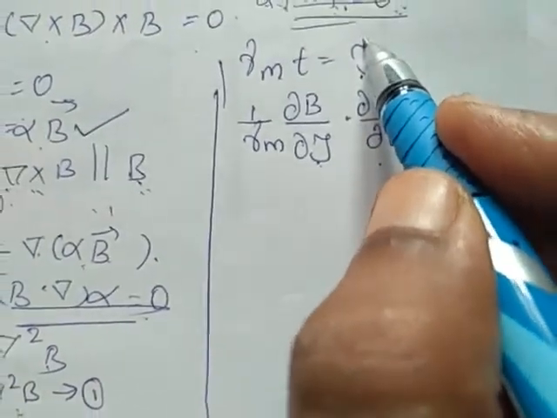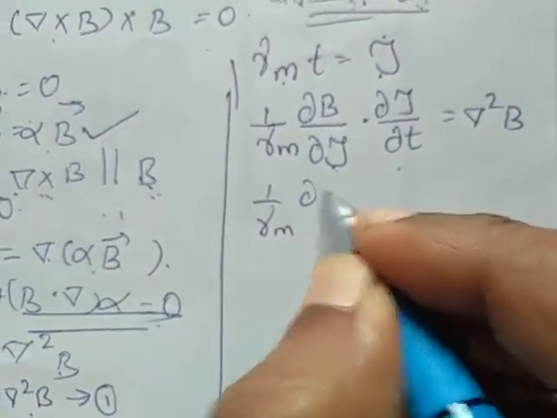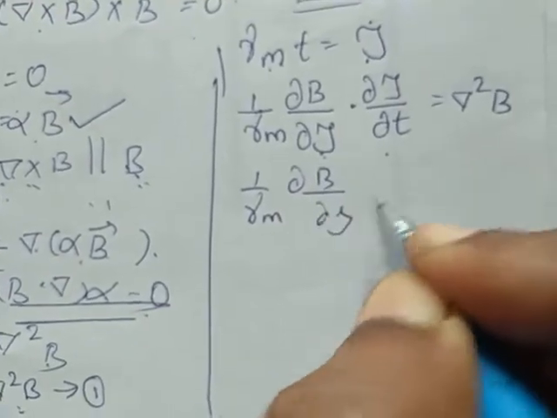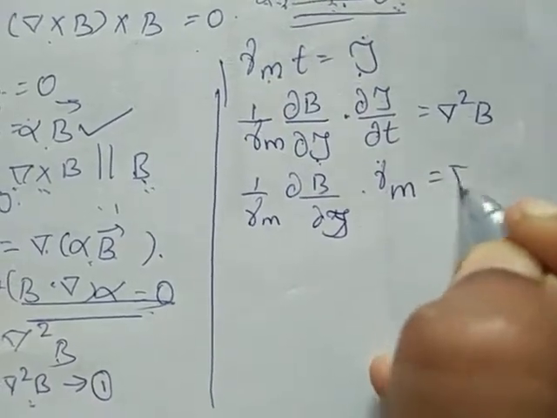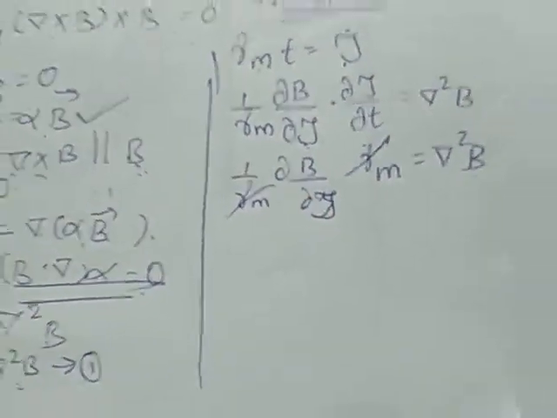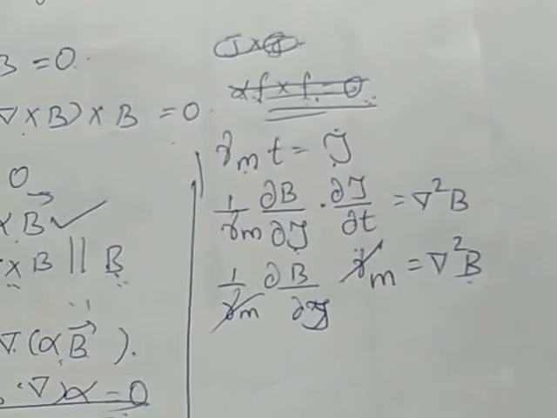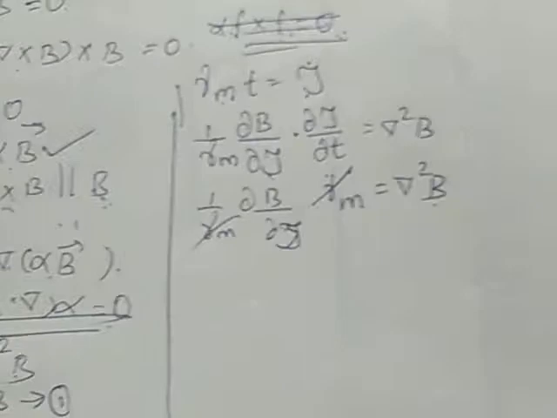When we differentiate this, we will get mu M. So 1 by mu M dou B by dou tau into mu M is equal to del square B. So we have dou B by dou tau equal to del square B. I'll take this as equation 2.